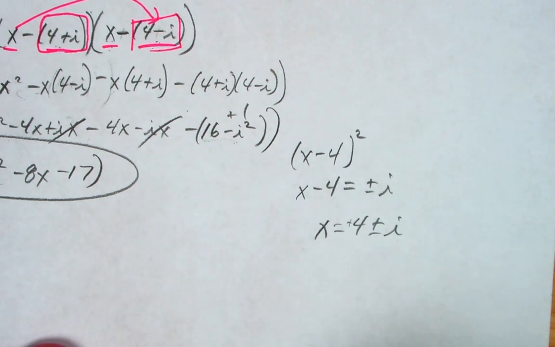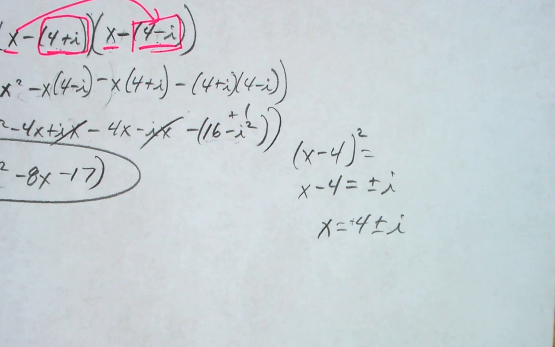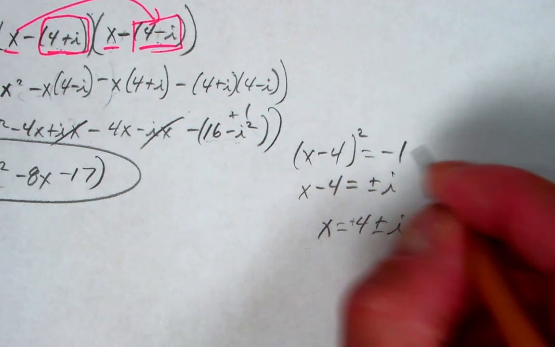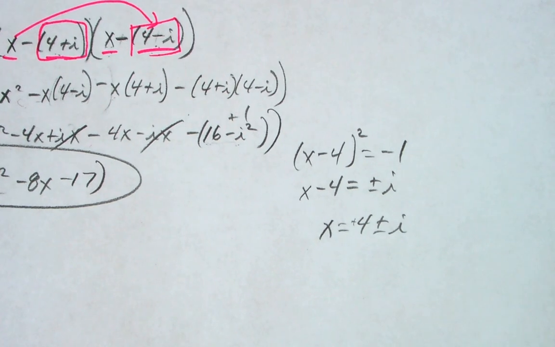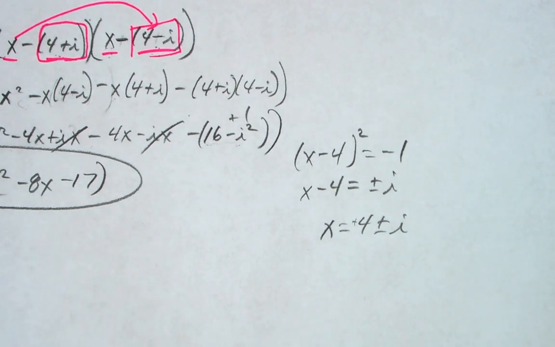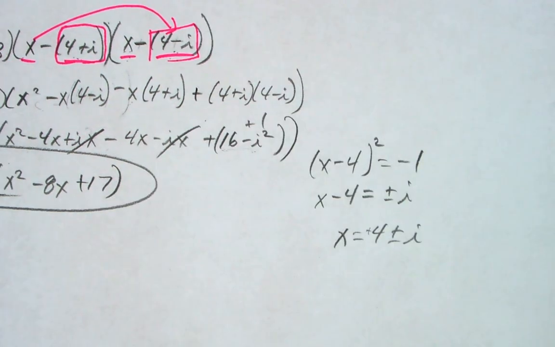What's plus or minus i the square root of? Negative 1. And I think I made a mistake, so that's going to be there, there, and there. Okay, anyway.